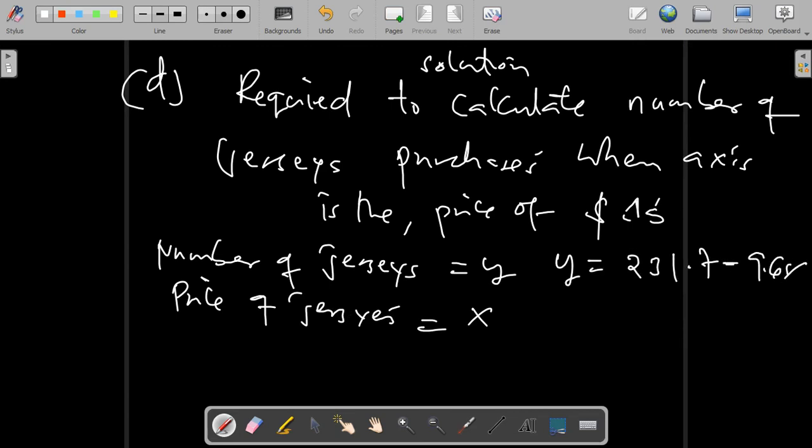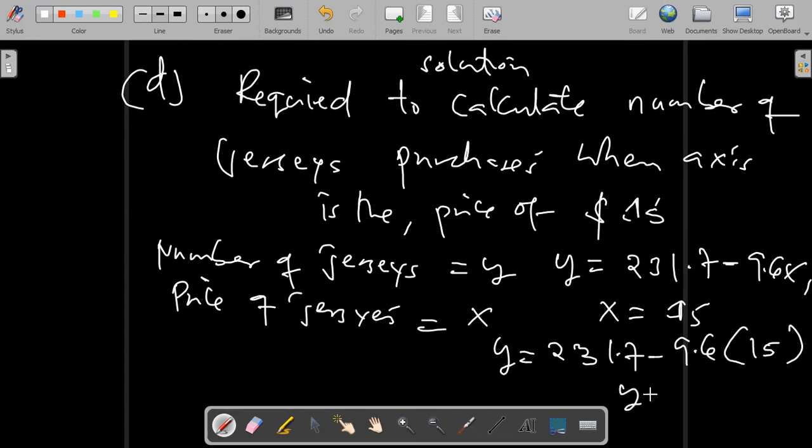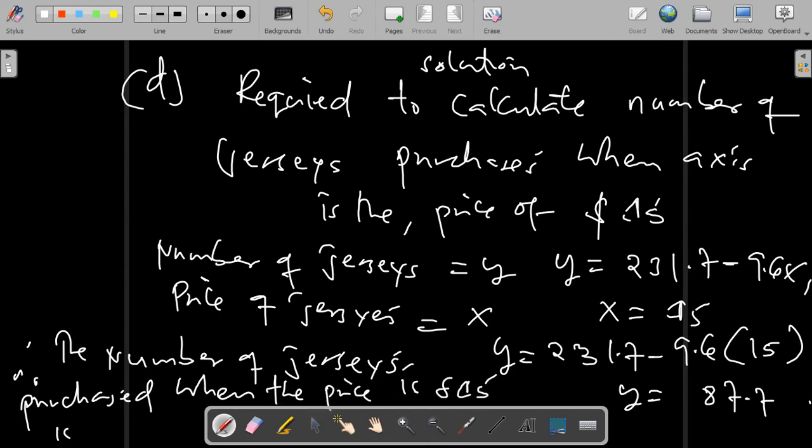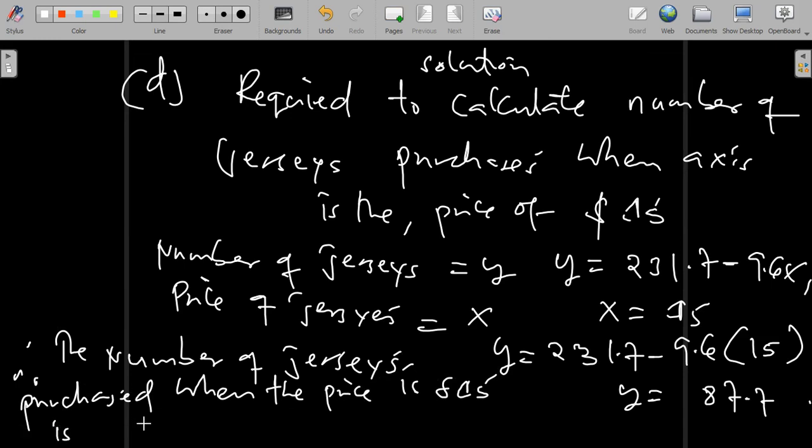So when we calculate, y is equal to 23.17 minus 9.6 x1. The x1, which is the independent variable, is 15. So when we plug in 15, the predicted value of y is equal to 87.7. So the number of jaws purchased when the price is 15 will be equal to 87.7.